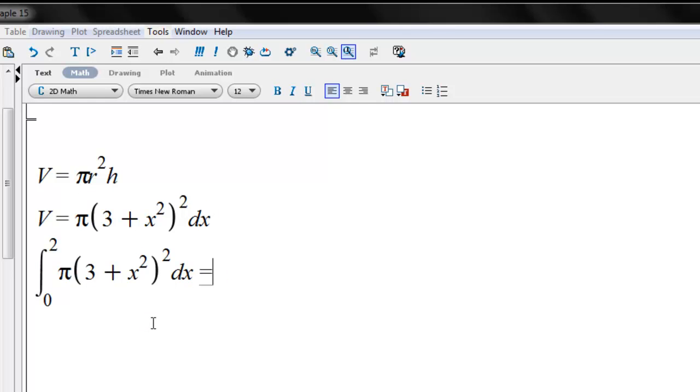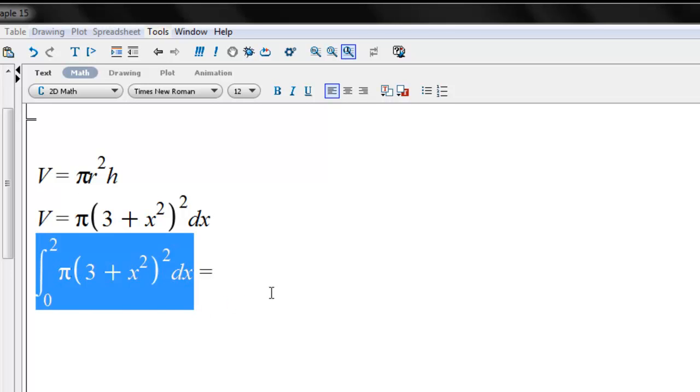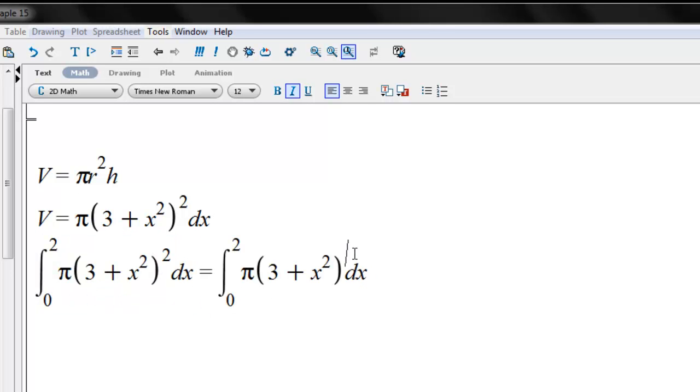Now, before I actually go in here and try to figure out what this integral is, let's FOIL this 3 plus x squared out. Let's actually multiply that out. I'm just going to do a little quick copy and pasting here, save time typing.